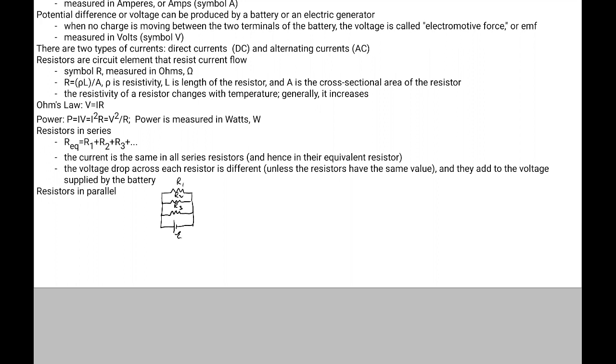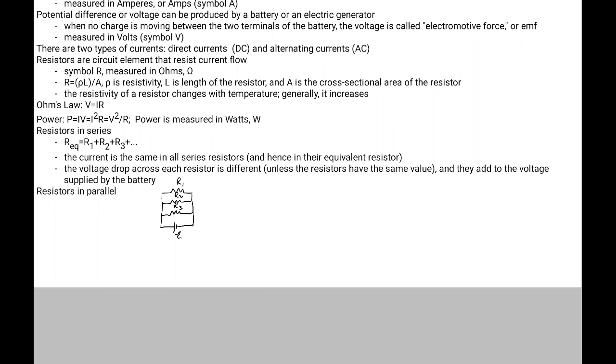So if we look at the terminals of resistor 3, this one goes across the battery, then the terminals of R2 also go straight across the EMF, and the terminals of R1 go straight across the EMF, which means that all three resistors, R1, R2, and R3, have the same EMF across them.